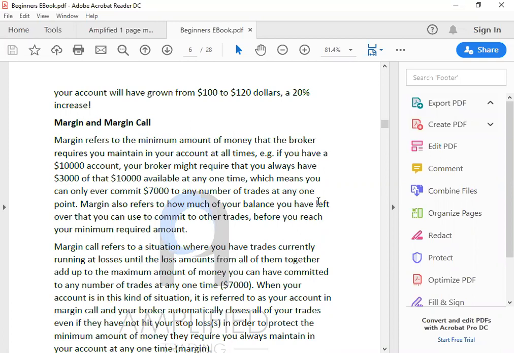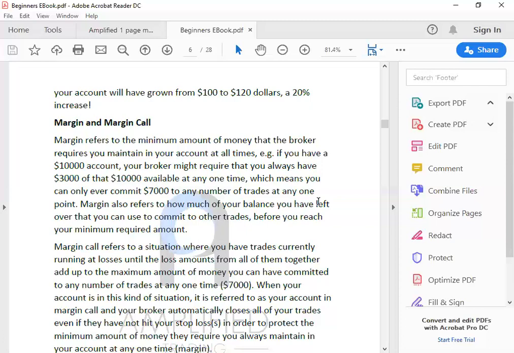Because here's the thing: once you exceed, let's say you are losing 800 or 799 USD on your $1,000 account, your platform might start flashing and all of that stuff, and that is when the account goes into a margin call, because now there's not enough margin to keep those losing trades running. That is when it goes to minus 800 USD, and you're only left with 200 USD, right?